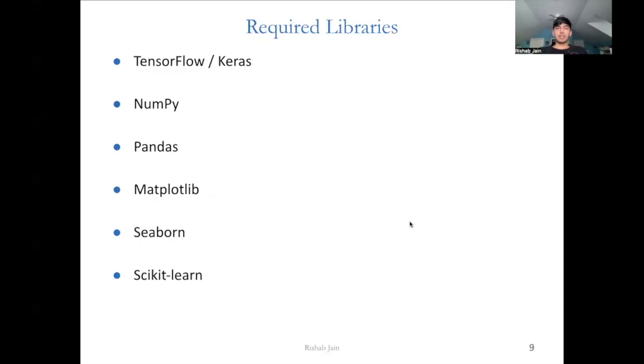For the model and the program, I used TensorFlow or Keras. I used NumPy. I used Pandas libraries. I used Matplotlib for graphing. I used Seaborn, and then I also used scikit-learn.